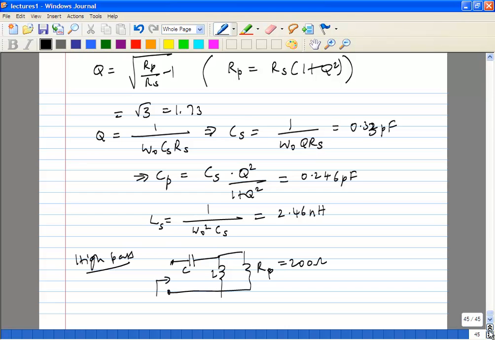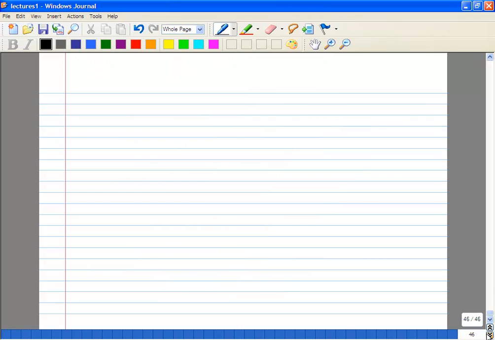But what do you notice about all of this, right? What is common to all of these networks? One thing which is very common is the obvious fact that the square root of Rp over Rs minus 1 is Q, right? So what this means is, once the load impedance and the input impedance to which you are matching are both known, your Q is automatically fixed.